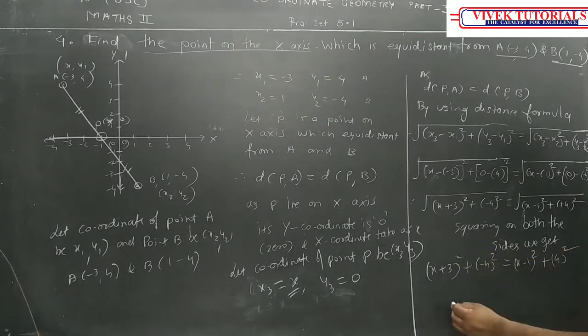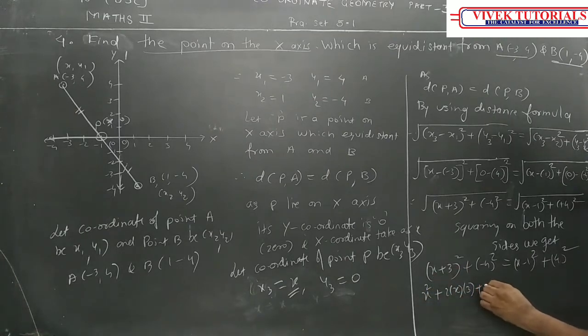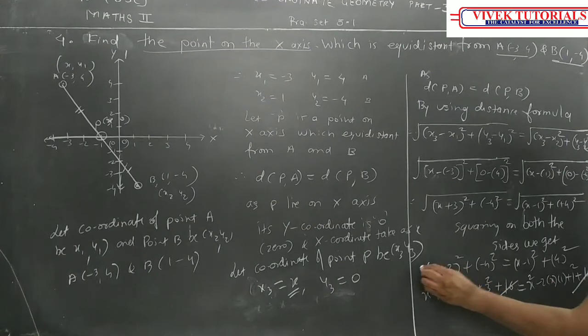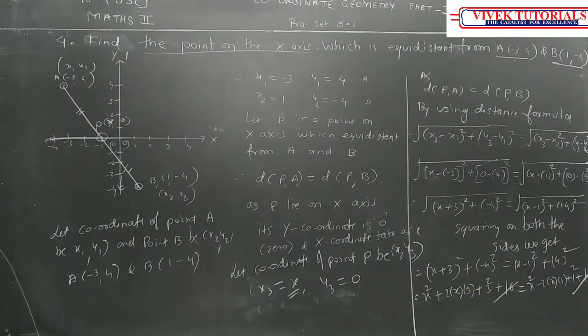So here if I apply the formula, I'll get x square plus 2 into x into 3 plus 3 square plus 16. Here I'll get x square minus 2 into x into 1 plus 1 plus 16. So this plus 16 and this 16 cancel. Is it right? Okay.